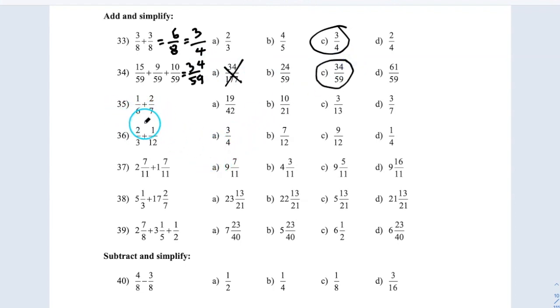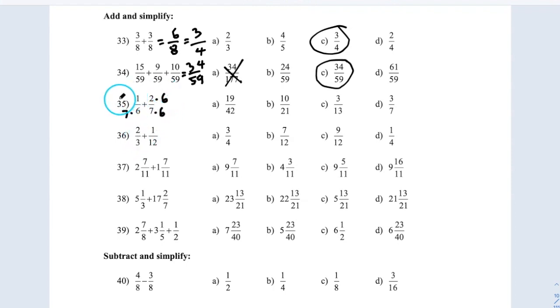Do I have the same denominator? No. I have to get the same denominator. Because they're different, an easy way to get the same denominator is just flip and multiply. I mean, the 7, I multiply times the other denominator. And the 6, I multiply times the other denominator. If I do it on the bottom, I do it on the top.